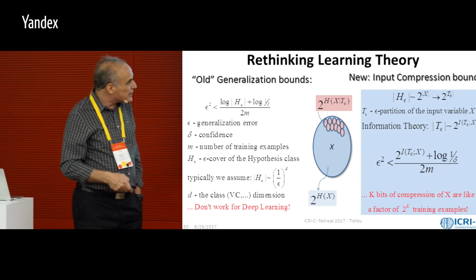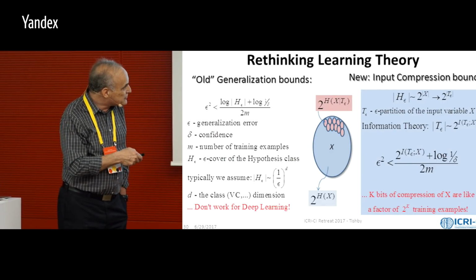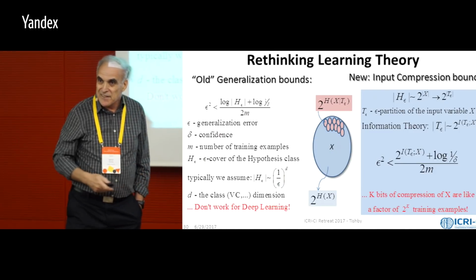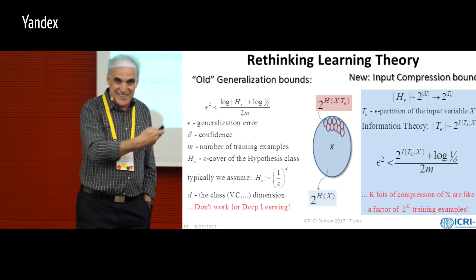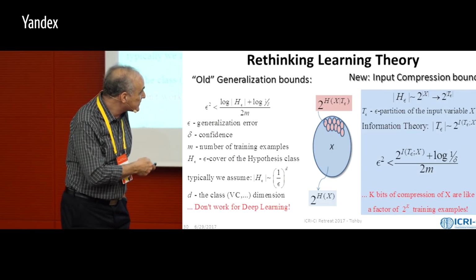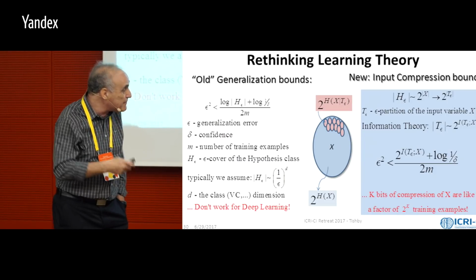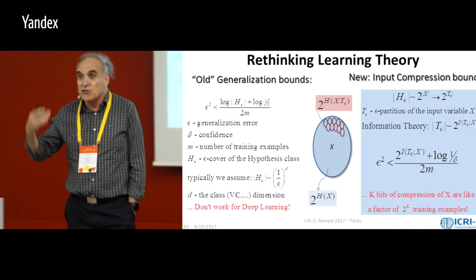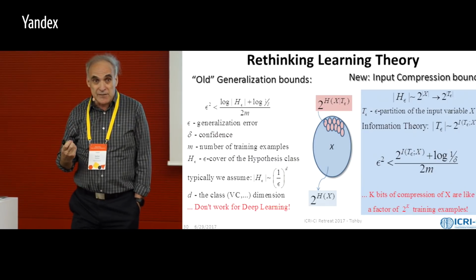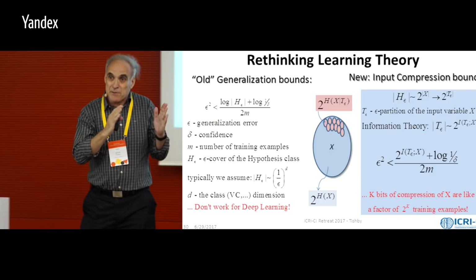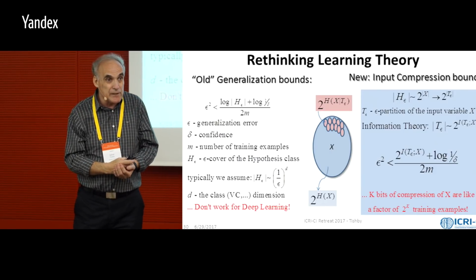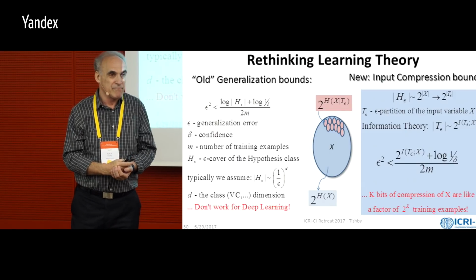That's quite remarkable, in the sense that if this is going down, as you actually saw in the simulations, moving to the left of my plane, then k bits of compression of X are equivalent to a factor of 2 to the k in training examples. So this is a much more powerful bound. If I manage to compress the representation, it's just like multiplying the number of training examples by 2 to the number of bits of compression.